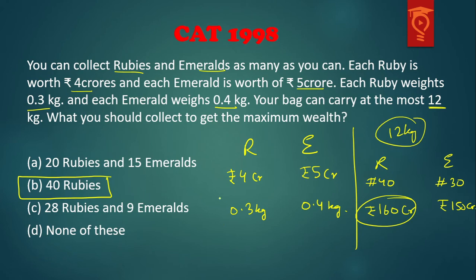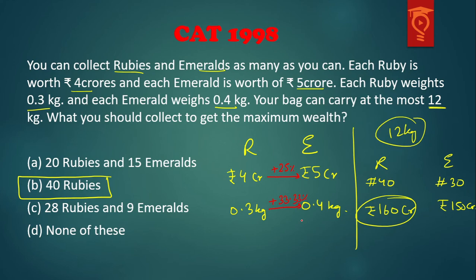Another thing you could have just seen when you were understanding this. So you see the cost of one ruby is increasing by 25%, but the weight from ruby to emerald is increasing by 33.33%. So weight is increasing more in proportion, cost is not.